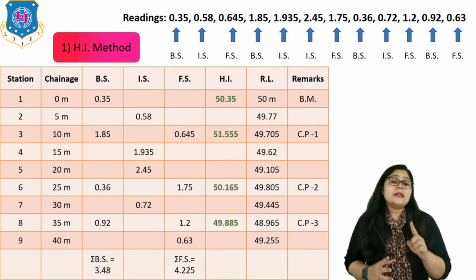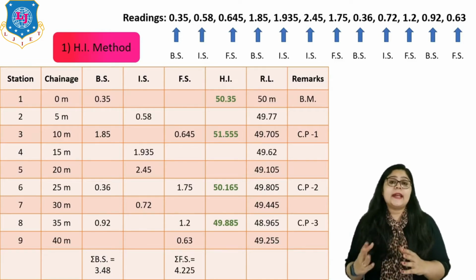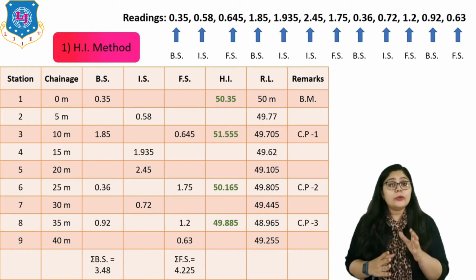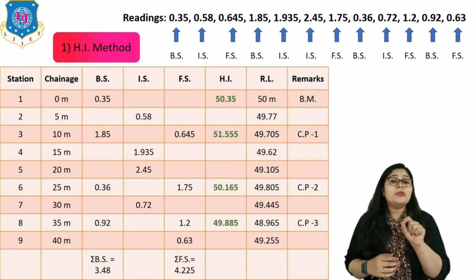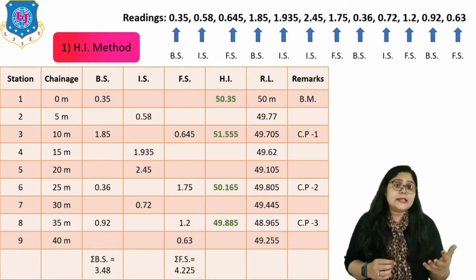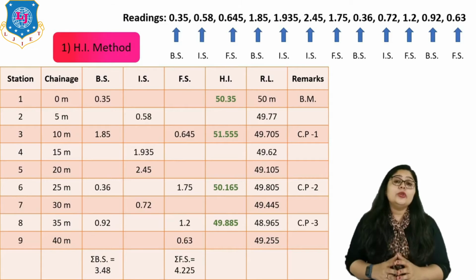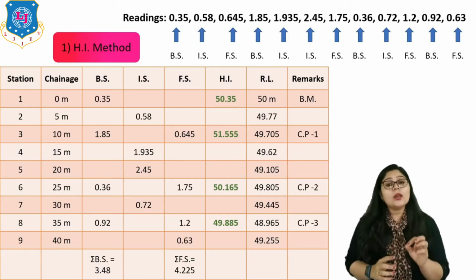Now BS, IS and FS. This BS, IS and FS column is the same for the HI method as well as the rise and fall method. So you have to understand that putting the values of BS, IS and FS correctly is very important, whether it is the HI method or the rise and fall method, right? After that, here first we are going to use the HI method, so I have written HI, and the overall question is to find the RL of stations.